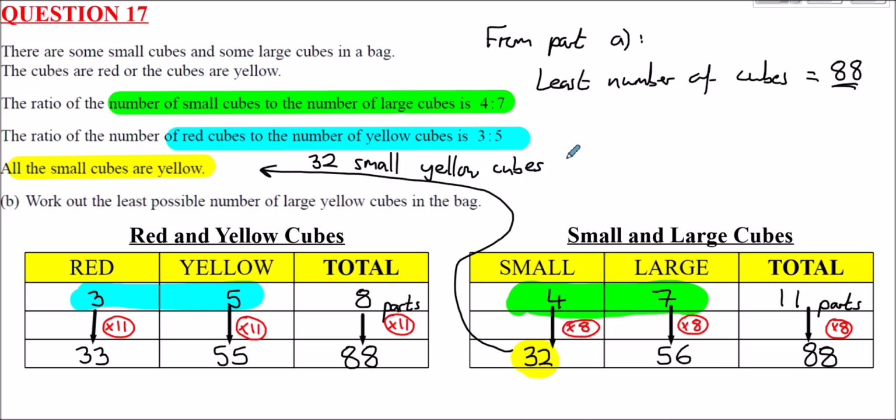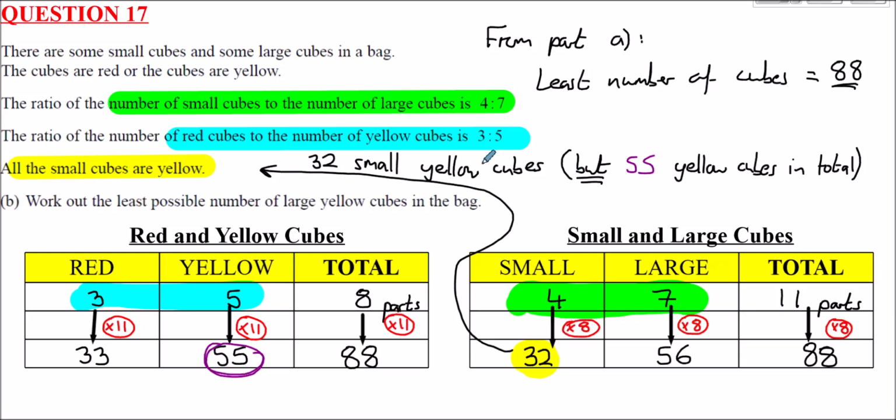But from the other ratio table here, there's 55 yellow cubes in total. So if there's 55 yellow cubes altogether, 32 of which are small yellow cubes, then the rest of them must be large yellow cubes.